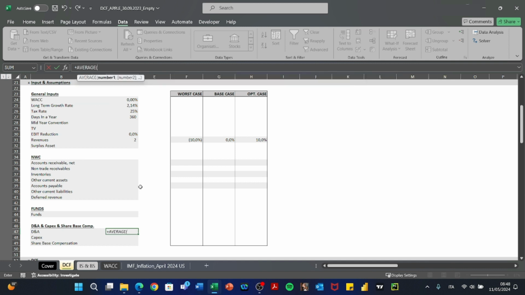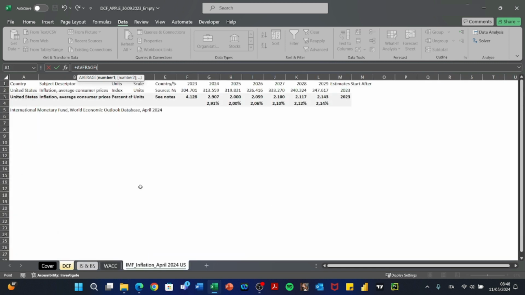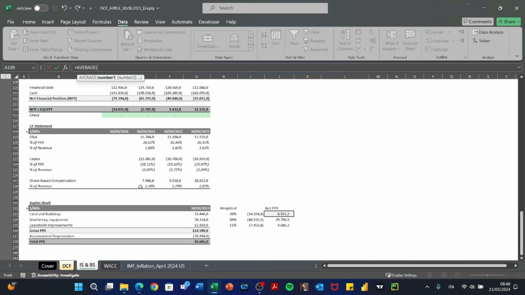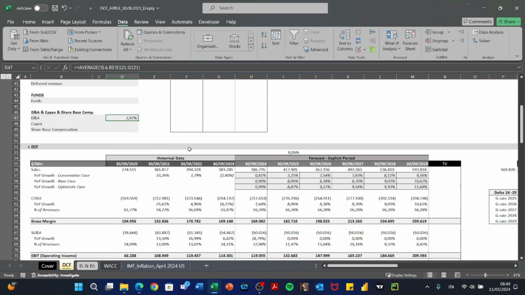So let me go on the average of the incidence of the D&A over the revenues of the past 3 years, which is 2.97.